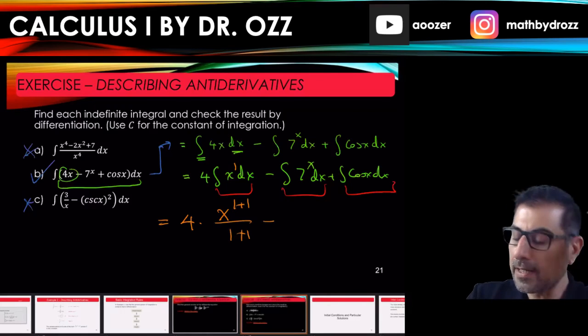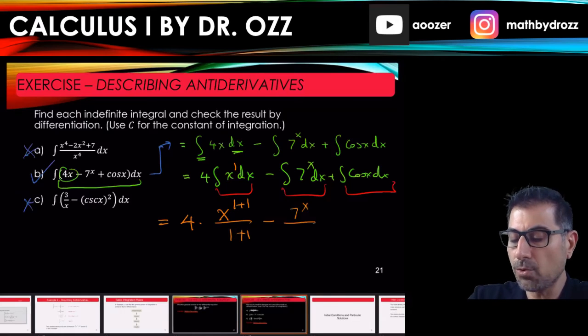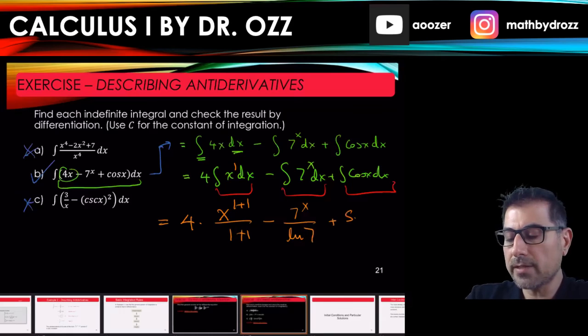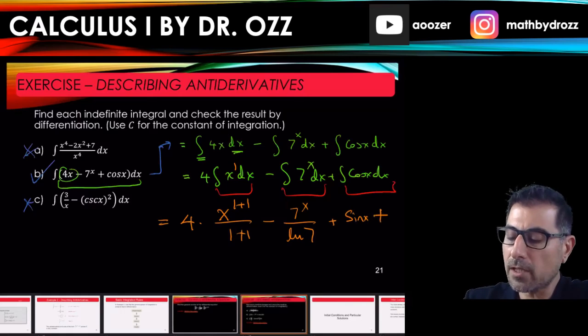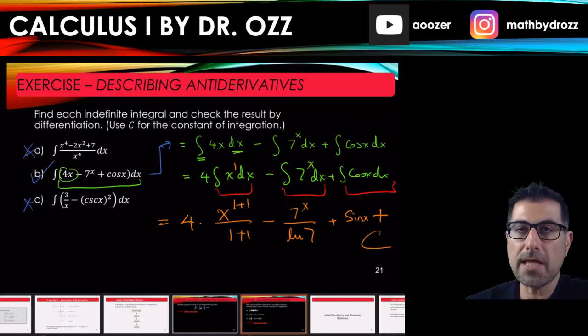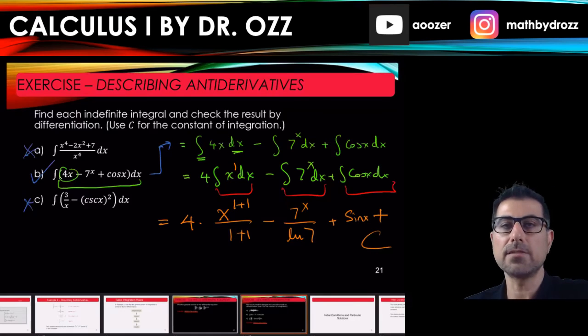And for 7 to the x, we had the formula, remember, this is 7 to the x over ln 7. And then cosine x has the integral sine x. Remember that instead of putting one arbitrary constant for each, I'm going to put one generic arbitrary constant here that would take care of the arbitrary constant after the integration.